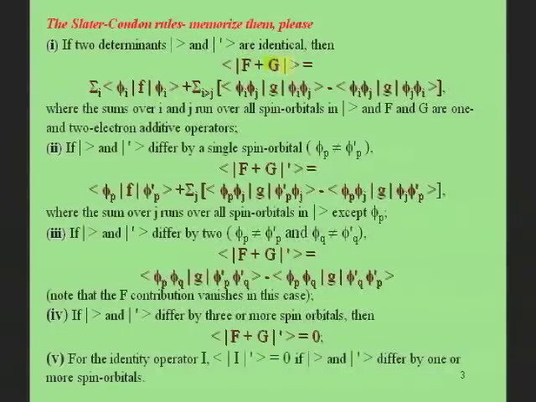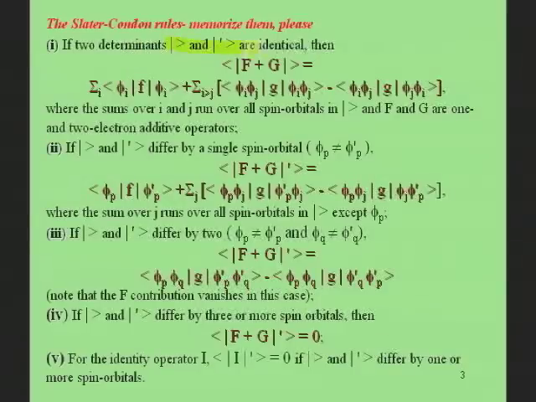There are one-electron additive operators in quantum mechanics, like kinetic energy: kinetic energy of electron 1 plus electron 2 plus electron 3, and so forth. Electron-nuclear attraction operators are also one-electron additive. Those we call F. There are other operators, and the one that's really important to think about most of the time is the electron-electron interaction: 1 over Rij, 1 over R12, 1 over R13, 1 over R14, 1 over R23, R24, and so forth. Two-electron additive. That's what we call G.